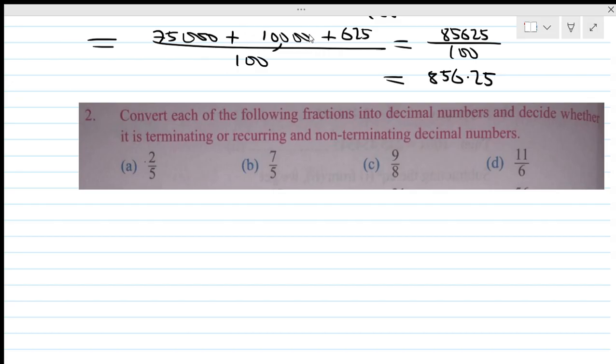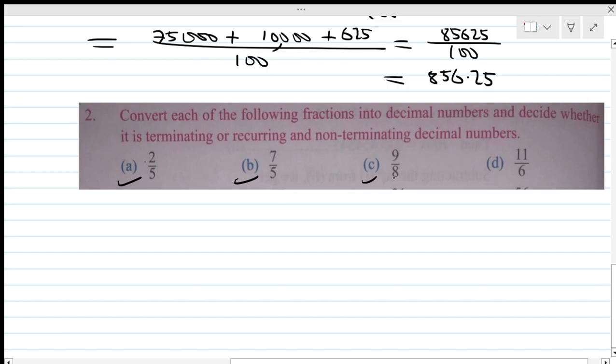So here number A is 2 by 5, so you can convert it into a denominator of 10 or 100. If you can convert into a power of 10, then definitely it will be terminating. So here 2 by 5 is terminating, and B, 7 by 5, the denominator consists only of 5, so it's also terminating. You can convert into 10 by multiplying by 2.